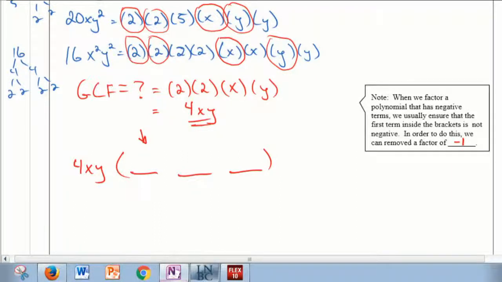So if we pull out a -1, I could write a -1 here, or I could just multiply the -1 and this 4 together and end up with simply a -4xy. It's going to make my first term here positive, which is what I'm hoping to end up with. So let's do that. I'm going to pull out that negative as well, just so I can make the math gods happy and have that positive first term.